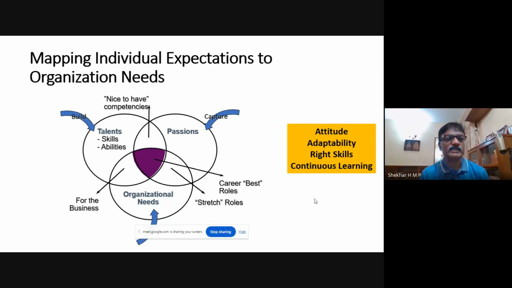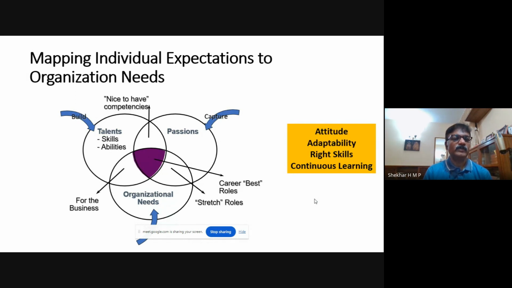In this slide you can see that what has been shaded is the career best. Most people think, I want to do this. That cannot happen for everyone. Your skills, your passion, and the company's needs all three matching is very difficult. So they should stretch their roles. If the organization is expecting something and I don't have the skill, then they have to understand this and build their skills. That is what has to be done.